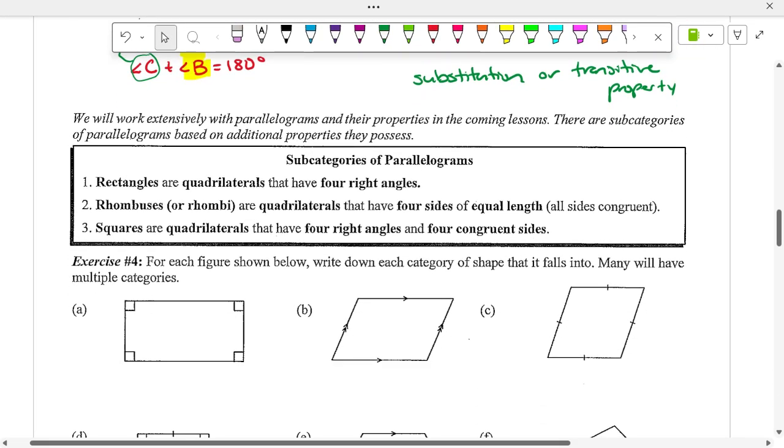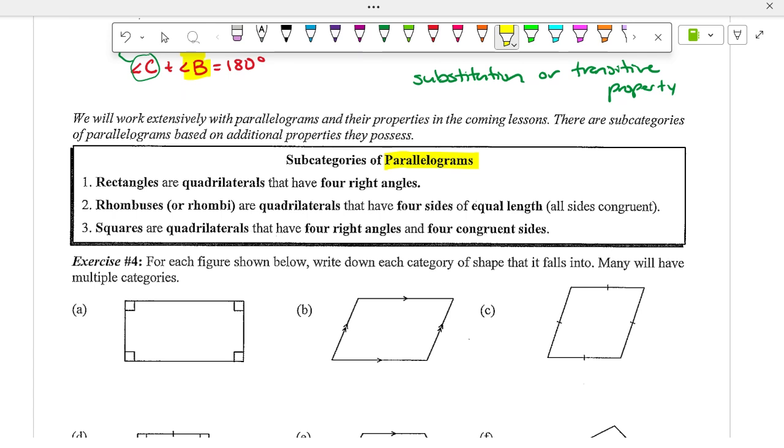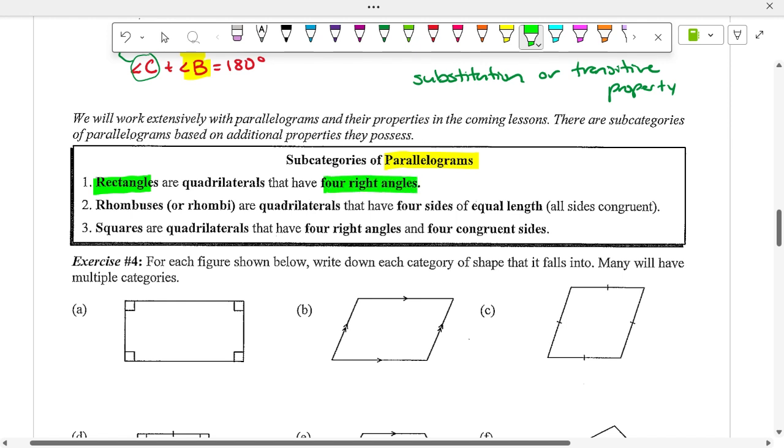Now, the subcategories of a parallelogram. So in this class, we don't really do a lot with trapezoids. We mostly exclusively deal with the parallelogram family. So everything below a parallelogram. So we have rectangles, which are quadrilaterals with 4 right angles. So it's a parallelogram with 4 right angles.